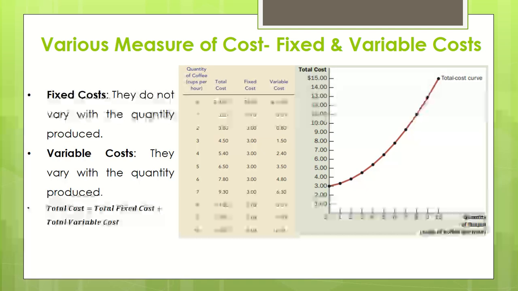And on the graph, if the quantity of the output produced is 0, that means at this point, then at the same point total cost is $3. Now look here, at this point where the quantity of output produced is 0 and the total cost is $3, that is again the sum of both costs, the fixed cost and variable cost.